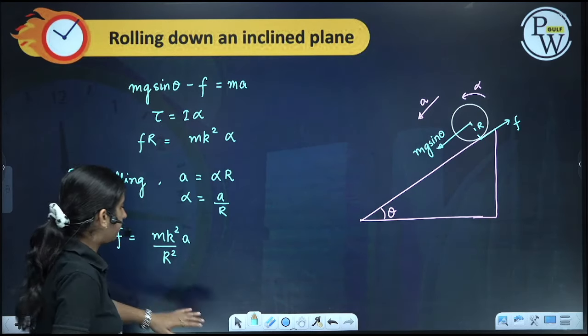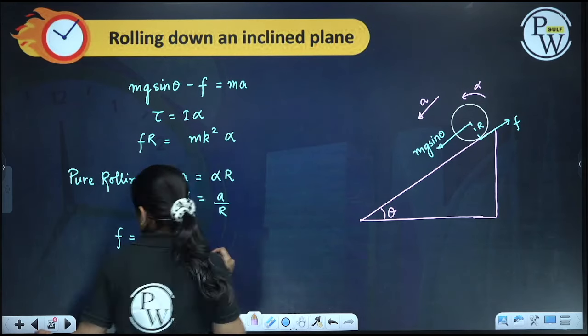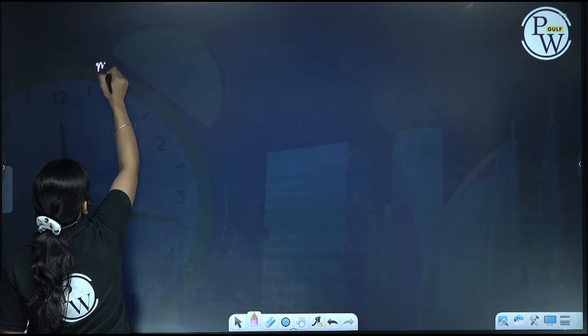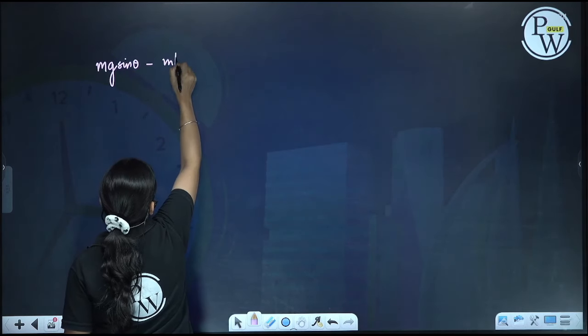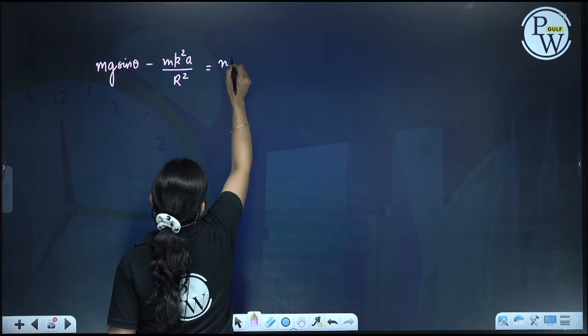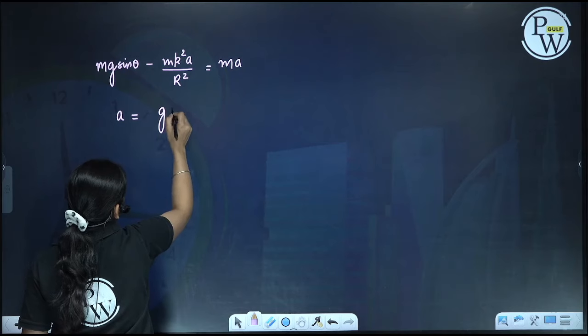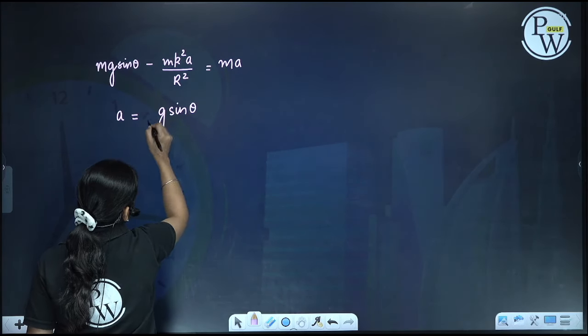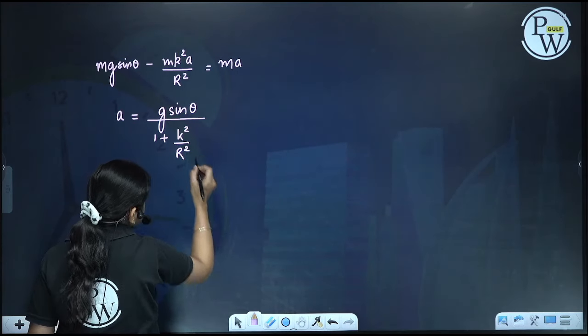Substitute this in this equation, we will get mg sine theta minus mk square a by r square is equal to ma. M gets cancelled, acceleration will come out to be g sine theta divided by 1 plus k square by r square.